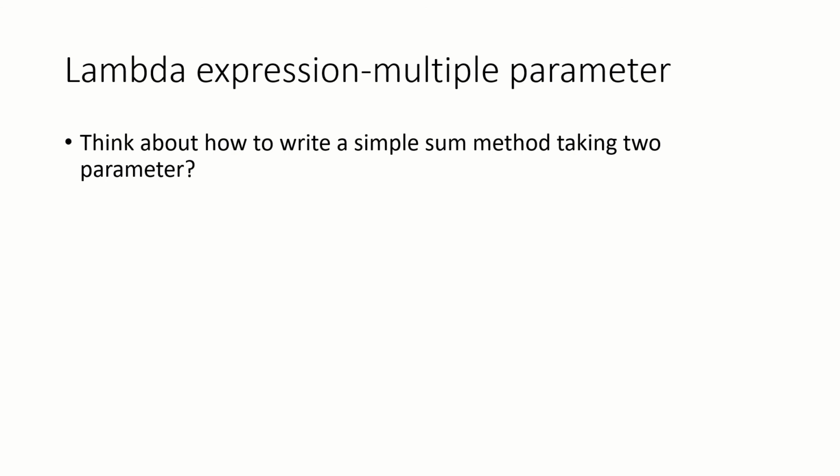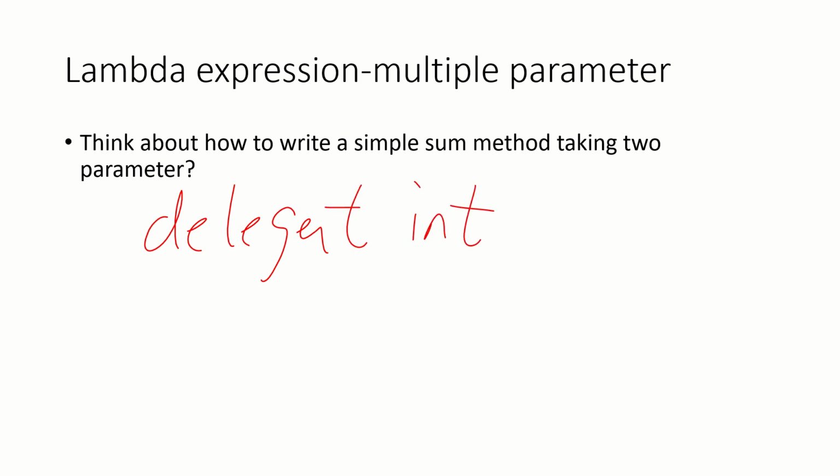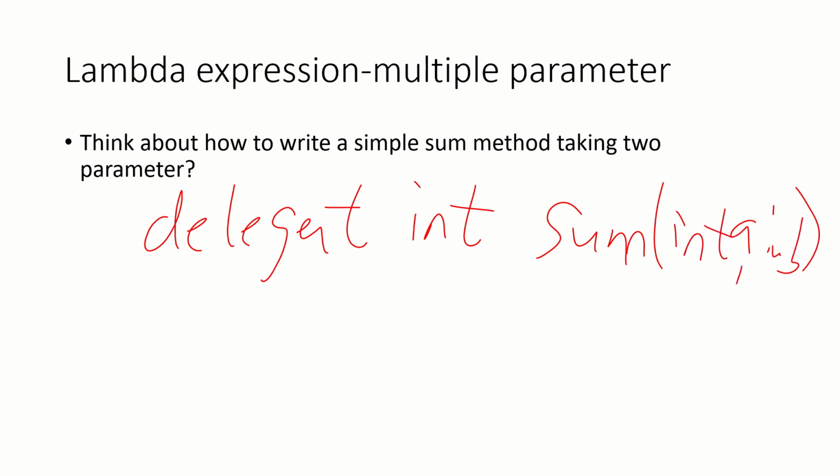How to declare a delegation? int a and int b, right? When you declare a method, how do you initialize this method to the delegate? How?